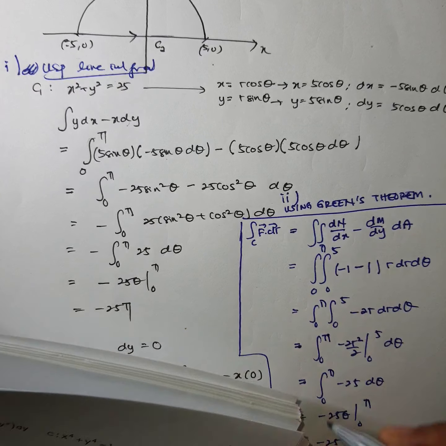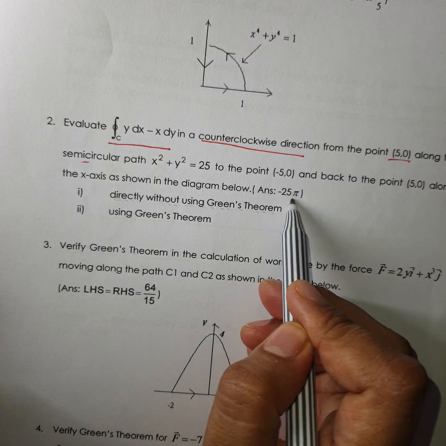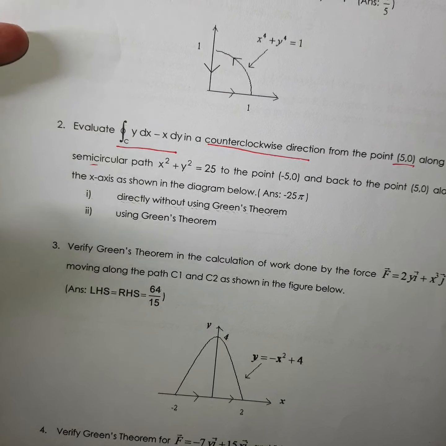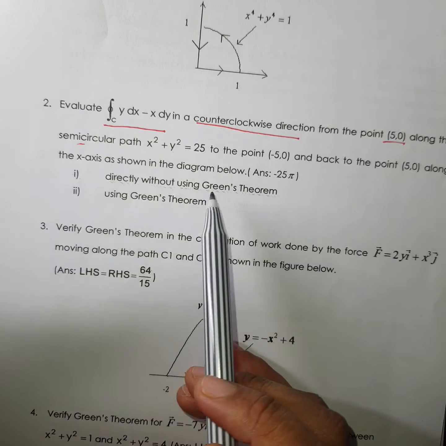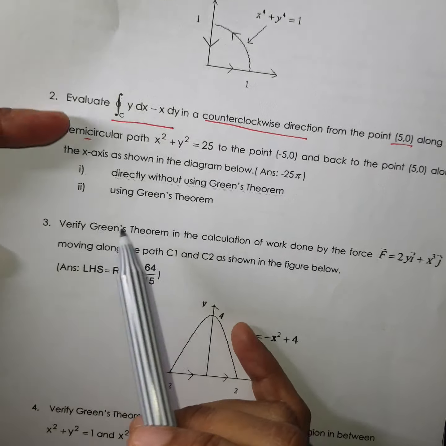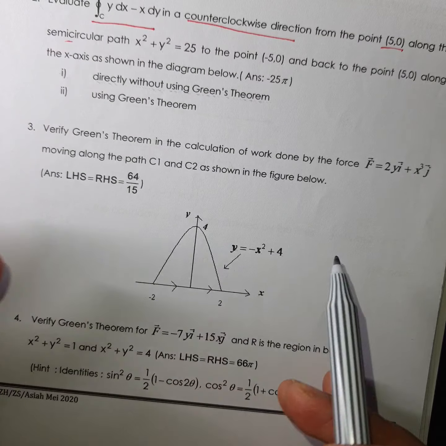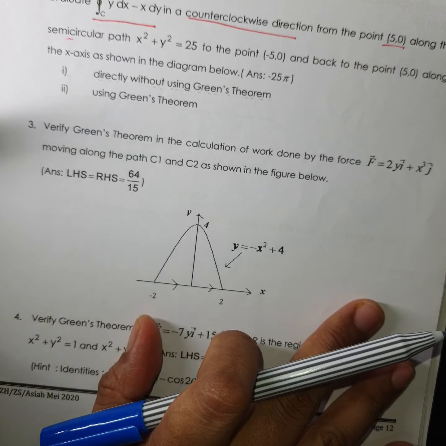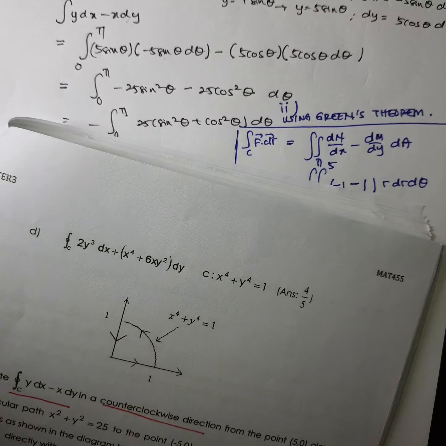This is part 2. Okay, so you can see that both will have the same result, which is negative 25 pi. Okay, so this is not a proving question. So no need to say verify or shown. Okay, but for a question like number 3, you're asked to verify Green's theorem. So after you have done both, you have to write verified. Okay, so that's about it for question number 2. Thank you.